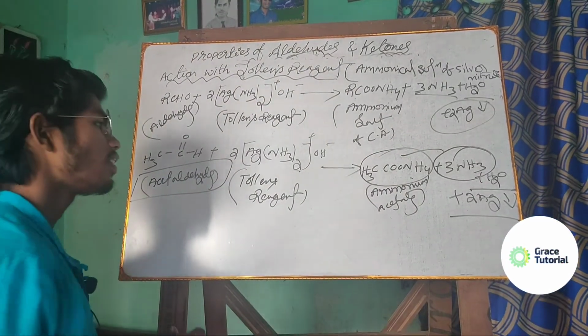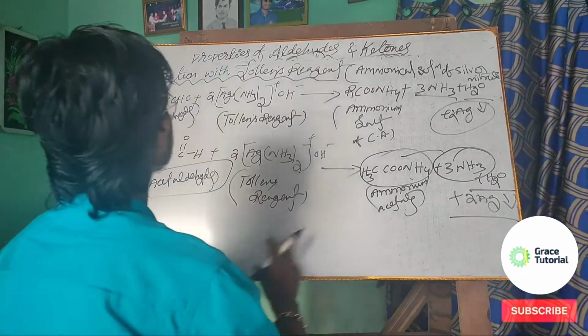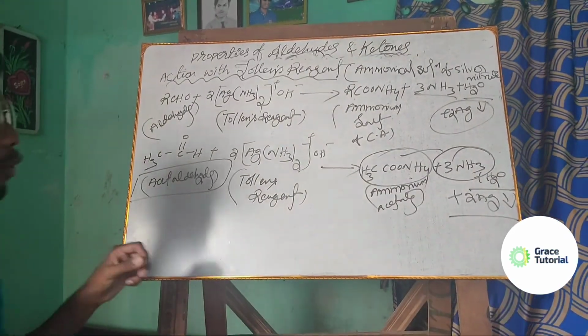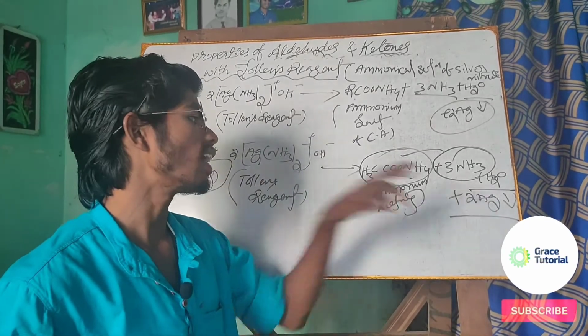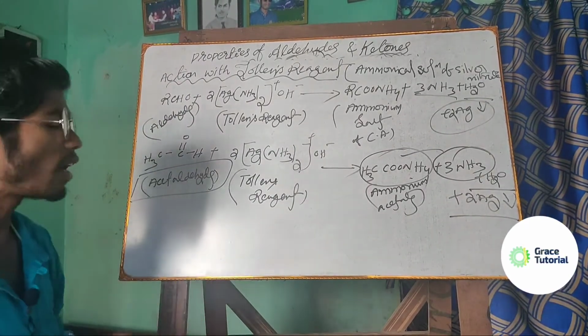So this is what we need to remember from the reaction with Tollens reagent. The most important thing is that you need to remember Ag is obtained here.